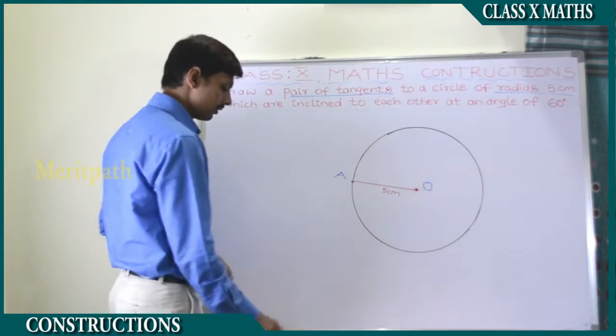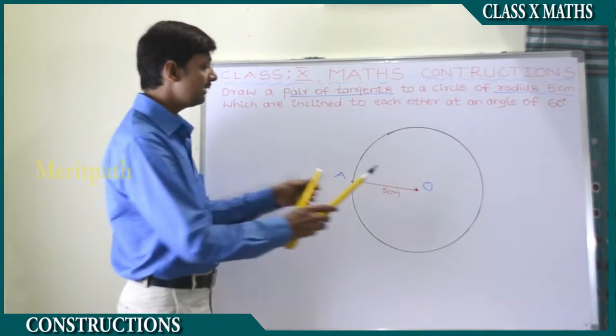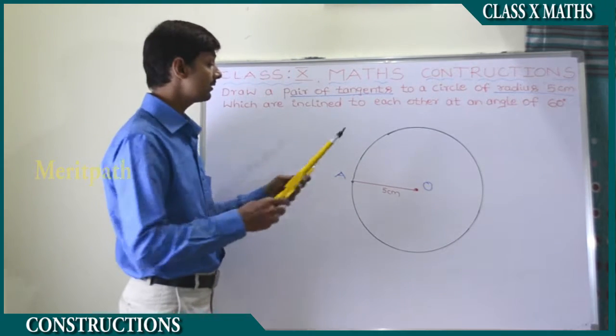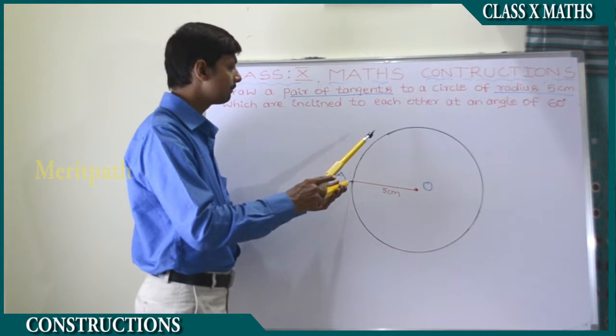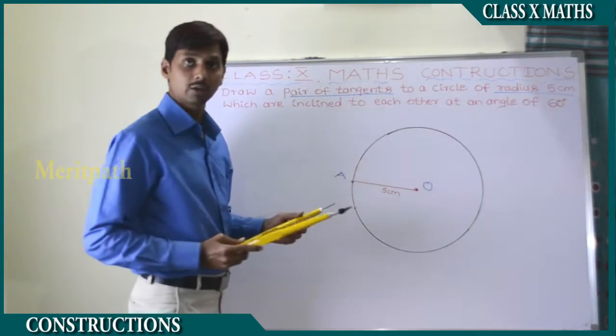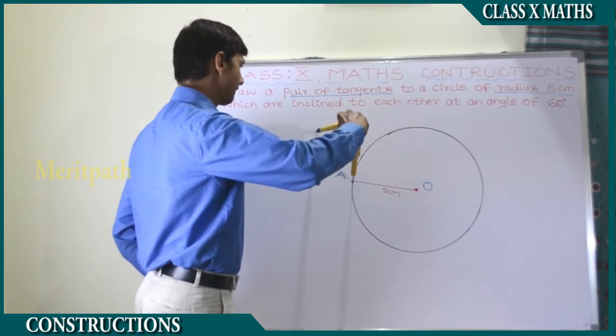Now use the compass with the same radius, 5 centimeters, and using the point A, draw another circle.